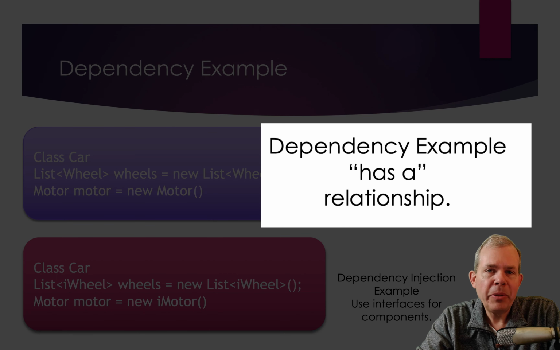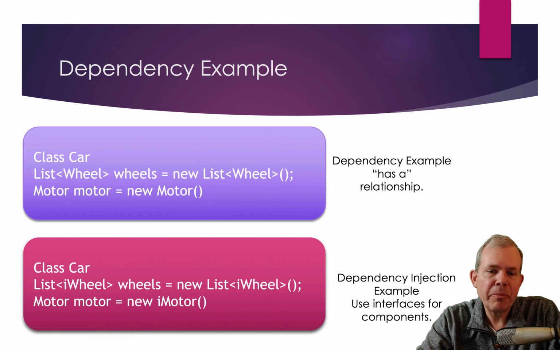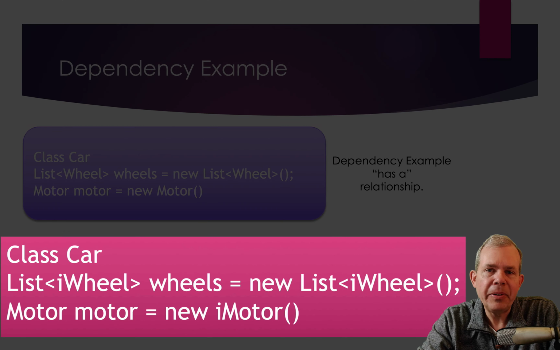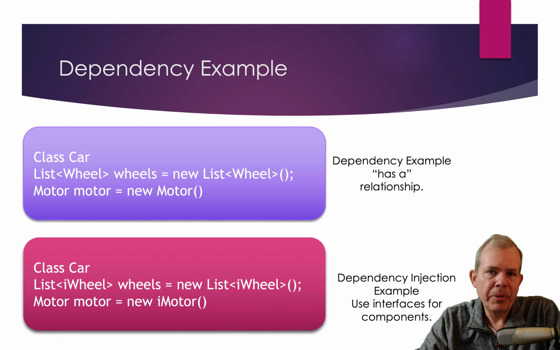Now, the code that you're going to see in the examples is going to look more like the reddish pink one below, where instead of saying, let's make a new list and make a new motor, we're going to put in the interface for a motor or an interface for a wheel inside of the type. Now it looks like a small difference, but when you put in an interface, it allows you to substitute different kinds of wheels.